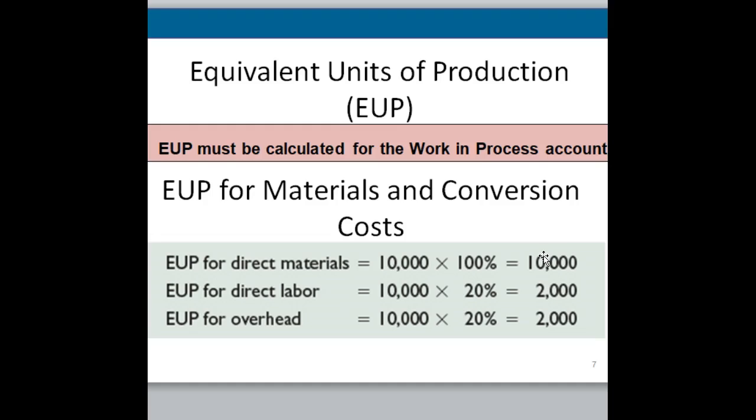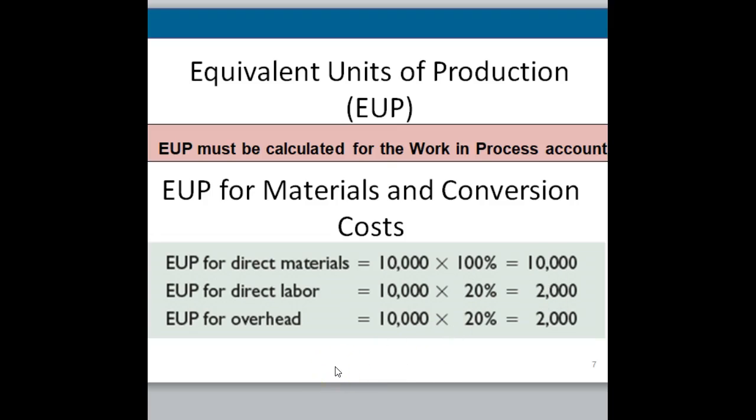On the other hand, for my direct labor, there are 10,000 of them, but they're only 20% complete for direct labor. So if I wanted to cost them, I would say, okay, 20% of 10,000 is only 2,000. So as far as direct labor is concerned, even though I have 10,000 parts complete, I'm only going to cost 2,000 of them because that's all that's completed statistically.